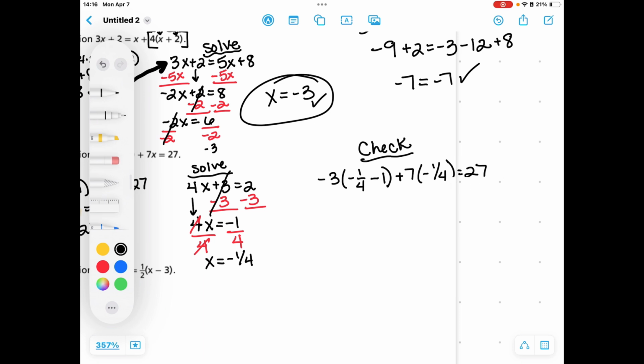So with this, -3 times a -1/4. I didn't put it in red. Ooh. I didn't put it in red, but I'll go ahead and just highlight what my x's were.